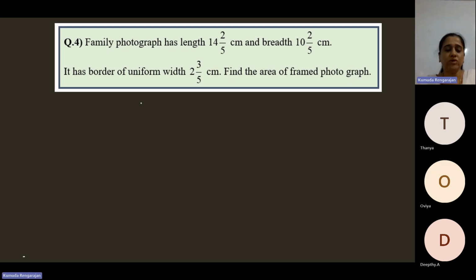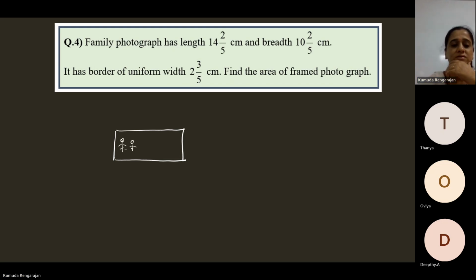Okay, so we need to understand the question. See, family photograph. We'll just assume a postcard size photograph.